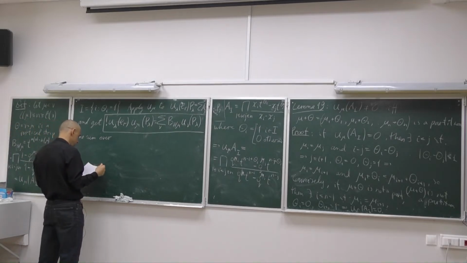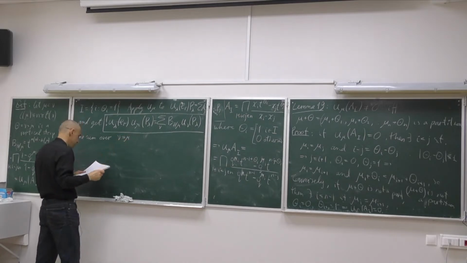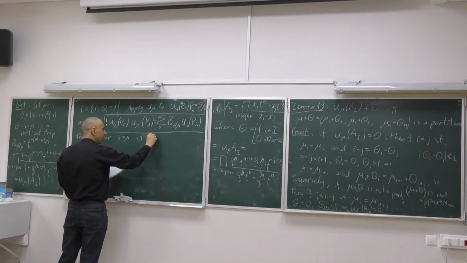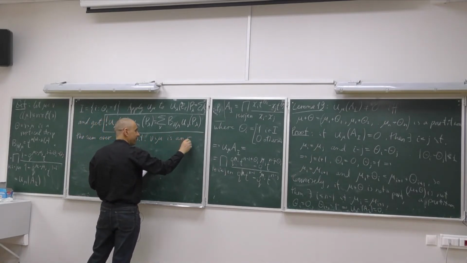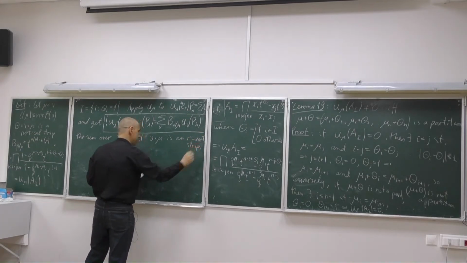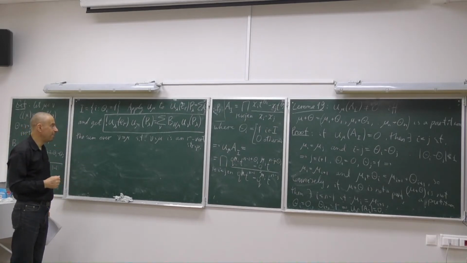So the sum is over all super diagrams. When we change the angle, we get these b.